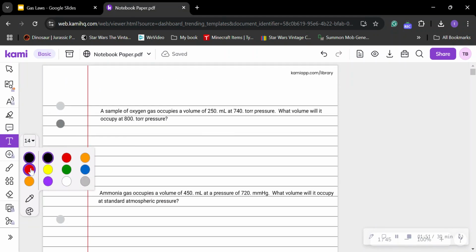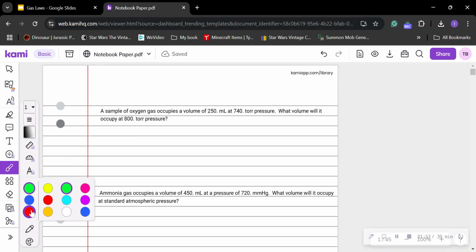So the first question is, a sample of oxygen gas occupies a volume of 250 milliliters at 740 torr pressure. What volume will it occupy at 800 torr pressure? So this question talks about only volume and pressure, no temperature.